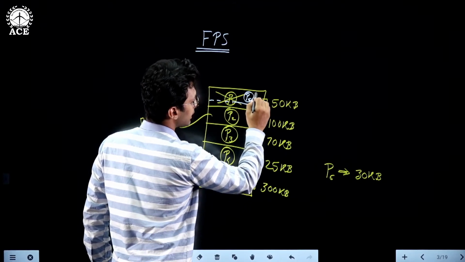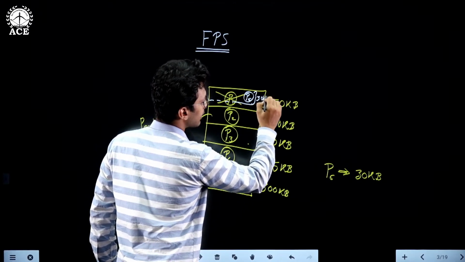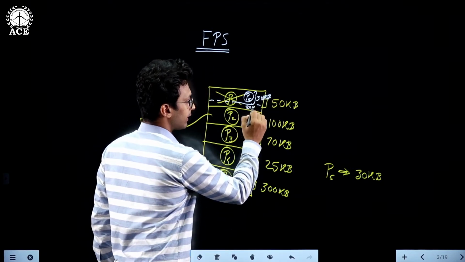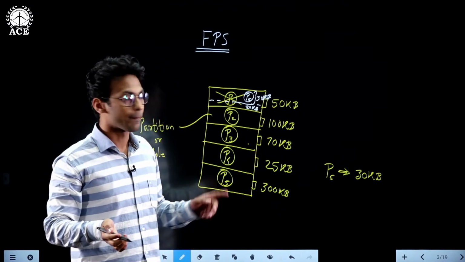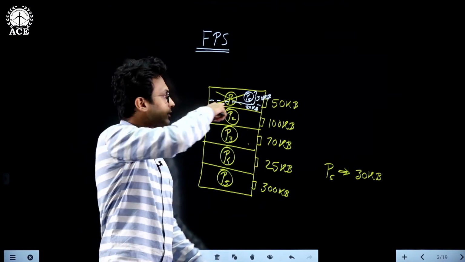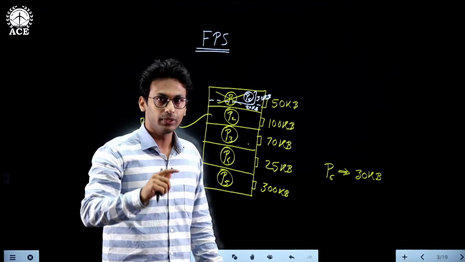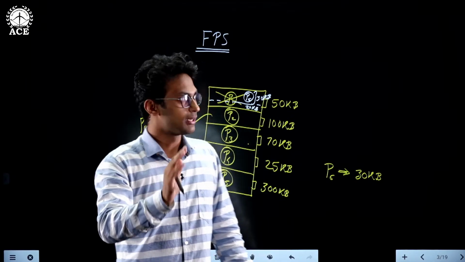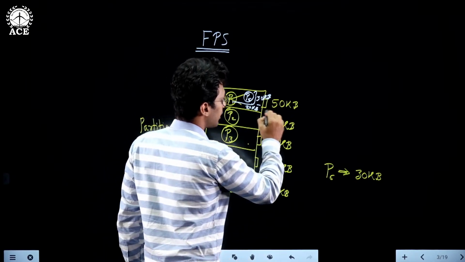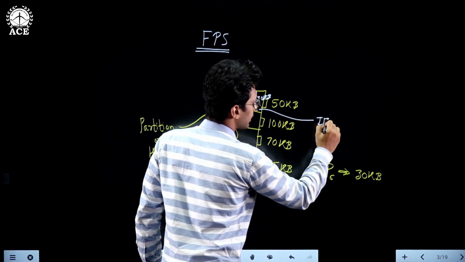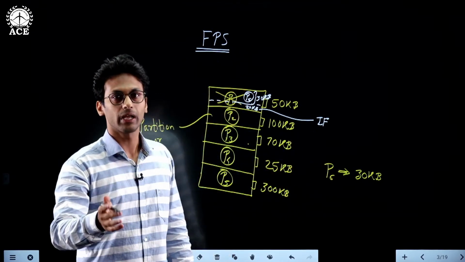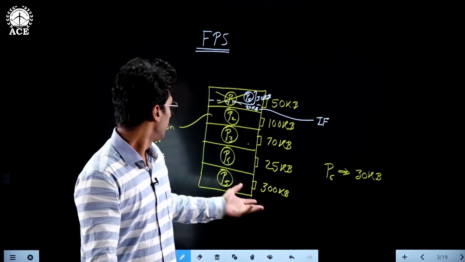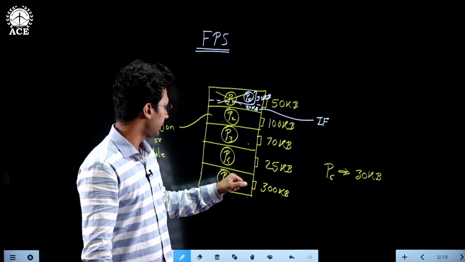If you observe this, 30 kb done. Remaining how much? 20 kb. 20 kb is free, isn't it? Now, even though that particular slot of 20 kb is free, we will not be able to put any other process inside it, isn't it? So that is what is called internal fragmentation. Internal fragmentation issue exists in fixed partition scheme. Done with this one.